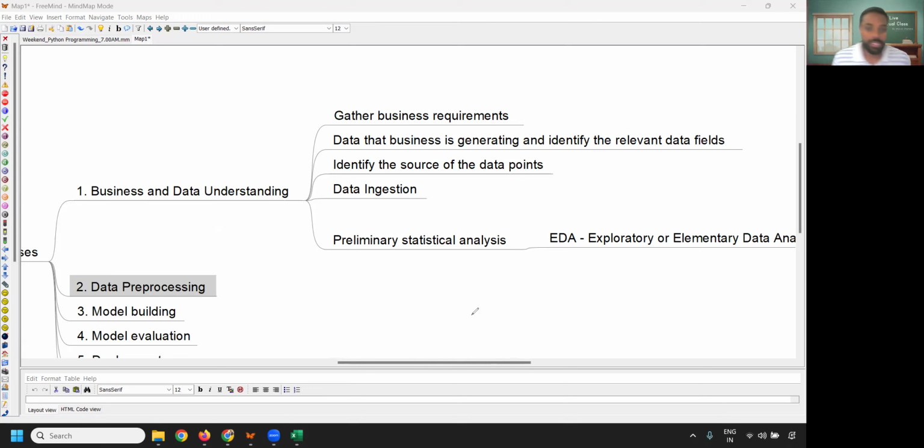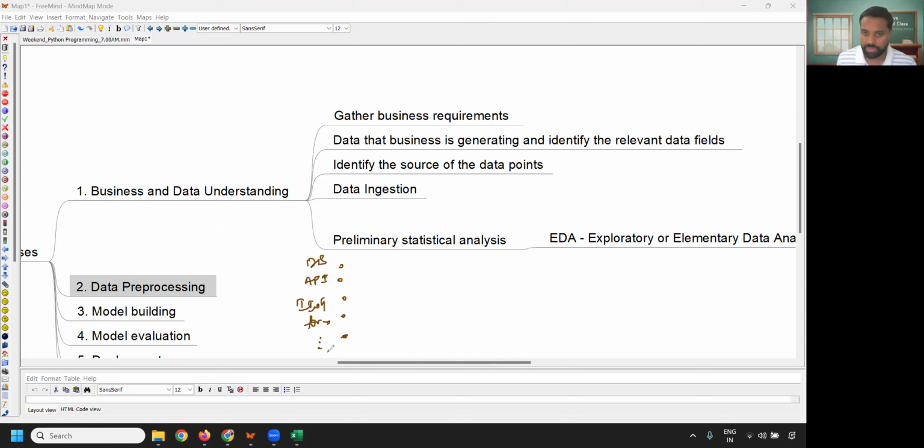Same way, data may come from different sources, right? Now, all these sources are nothing but different software, as I was talking about. This could be a database, this could be an API call, a website, this could be an IIoT device, this could be a form, and so on and so forth.